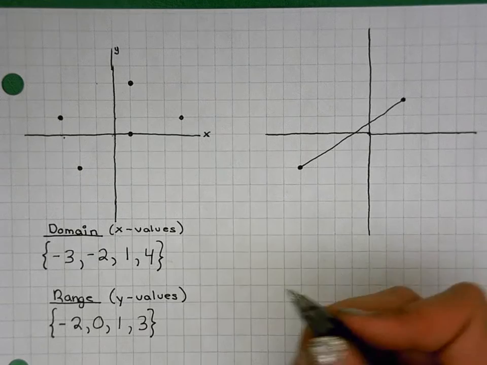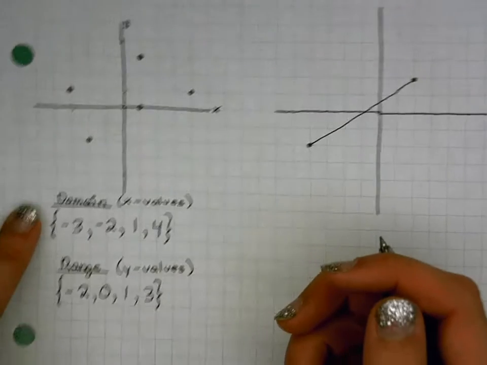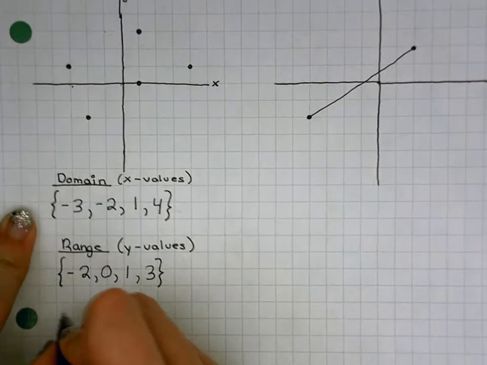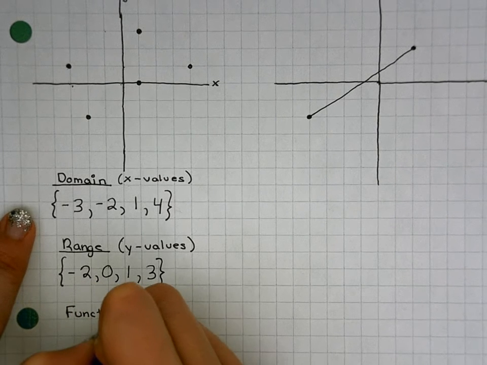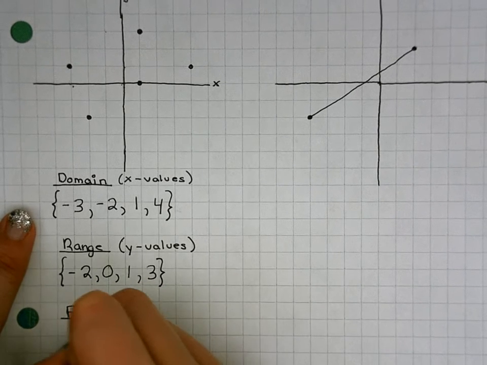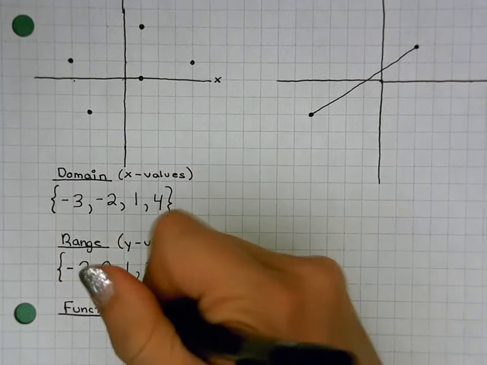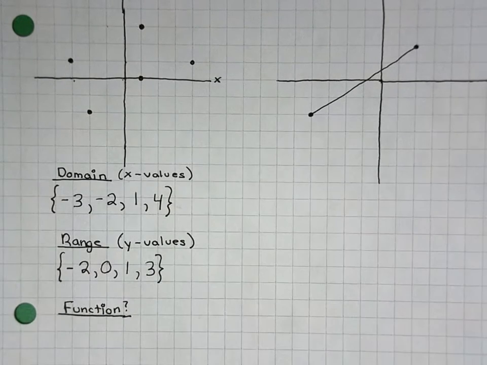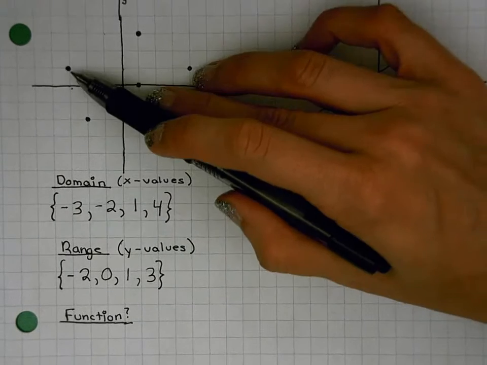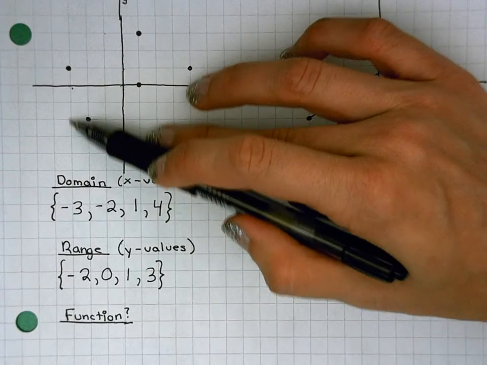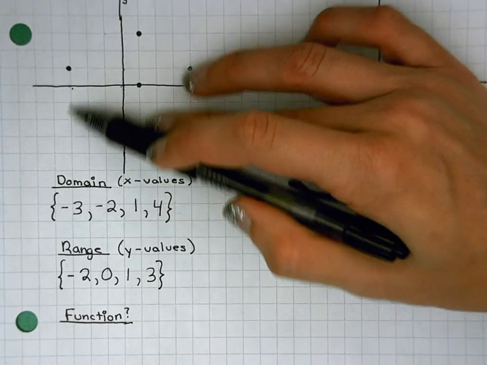And then the final thing we looked at, like I said, was whether or not a function was shown. So is it a function or not? And to answer that, we use the vertical line test. We ask ourselves, is there a place where one point is directly above another point? And so when I'm looking at this graph, I'm looking, well, is that point directly above another point? Well, when I go up and down, nope, we're good.